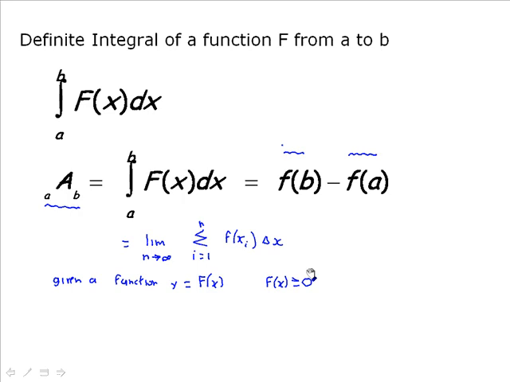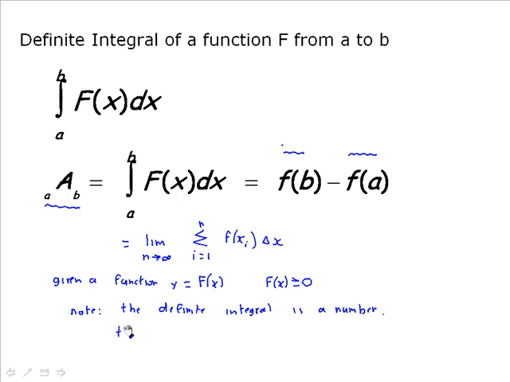Now, a couple other things. Like I mentioned before, I'm going to write it down now. The definite integral is a number. Because it represents the area between 2 points, it's going to be a number, a value.